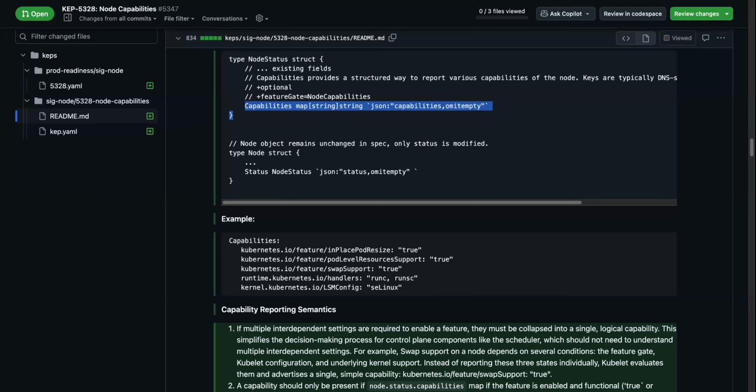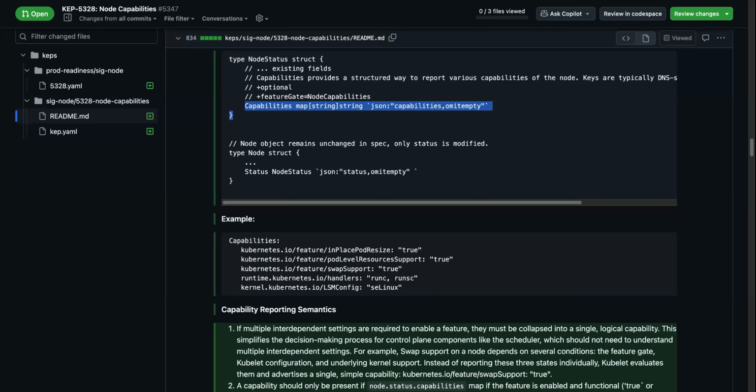This is just an example. So this could help in bubbling up these things at a higher level rather than failing on the kubelet once the pod lands on the node.